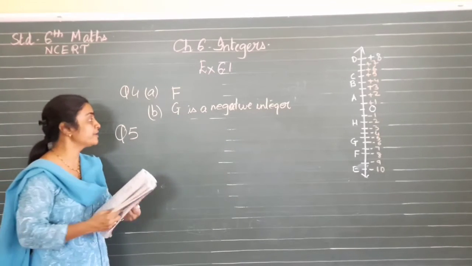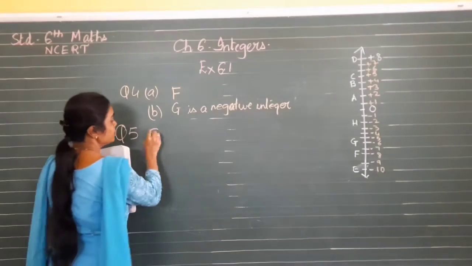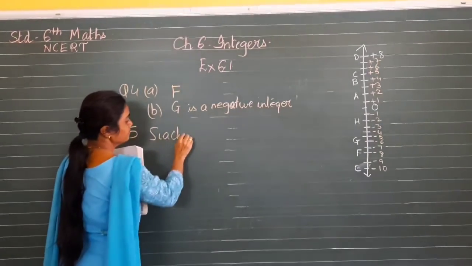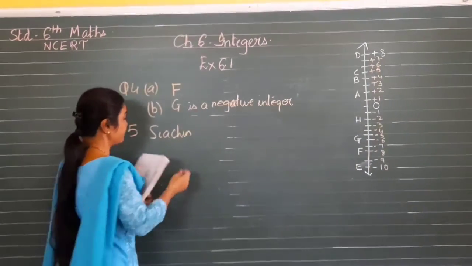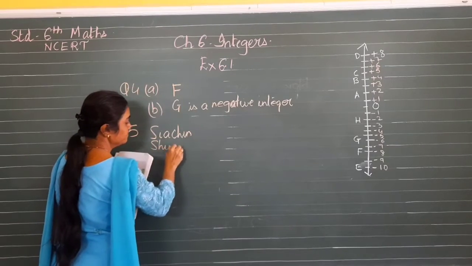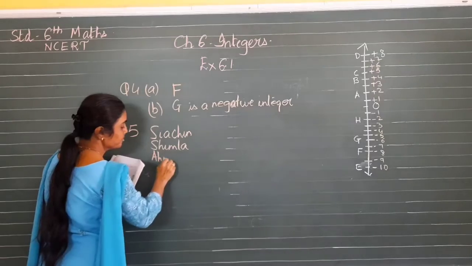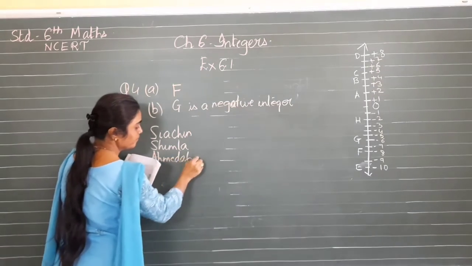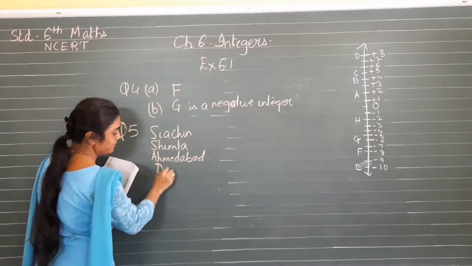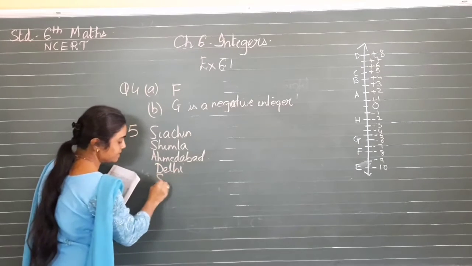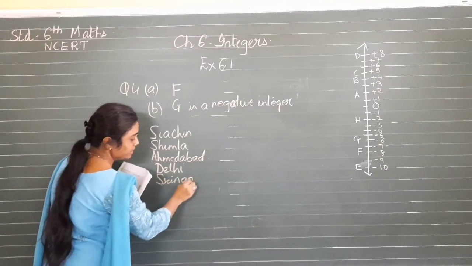So the names of the different places are Siachen, second one is Shimla, third one is Ahmedabad, fourth one is Delhi, and the last one is Srinagar.